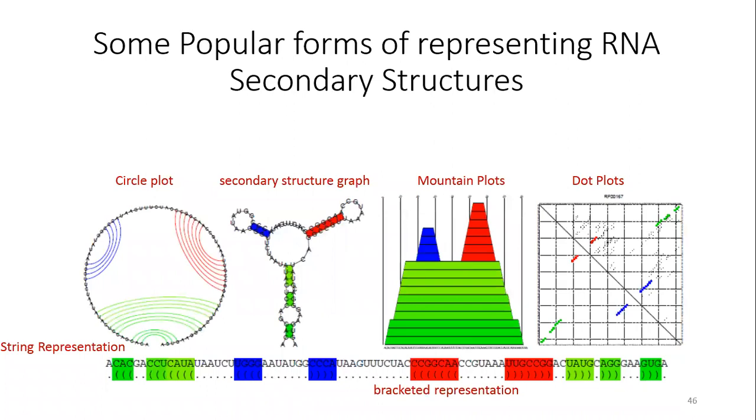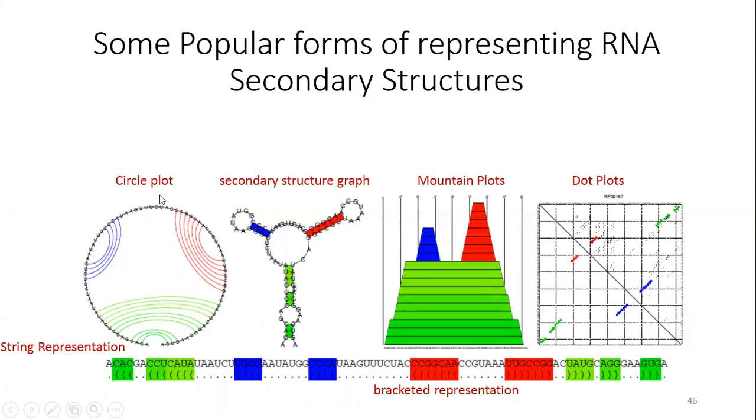Okay, so here are some popular forms of representing RNA secondary structure. The very first and simplest form, the pioneering work on representing RNA structure, people usually use this string representation, which is given below.